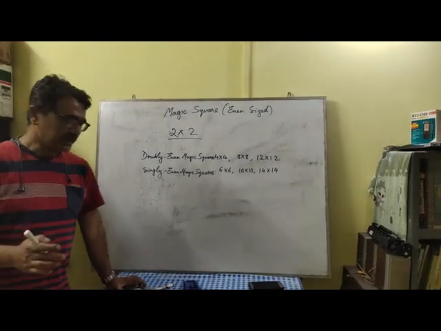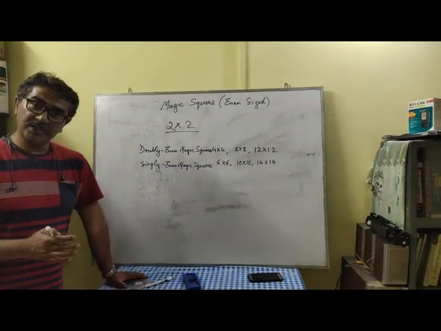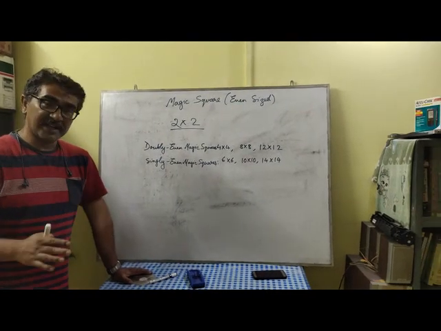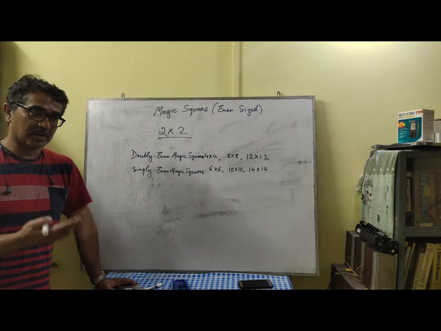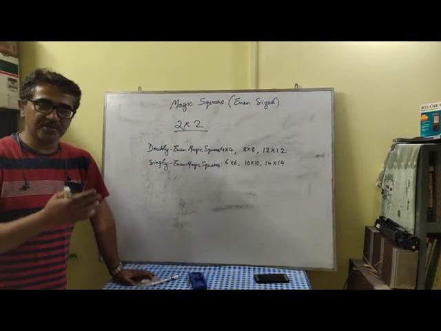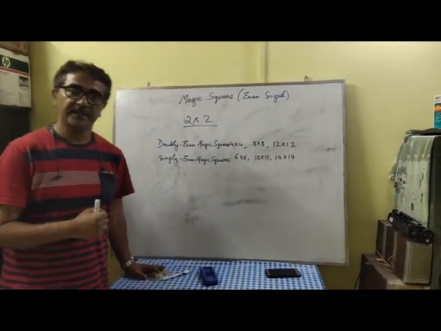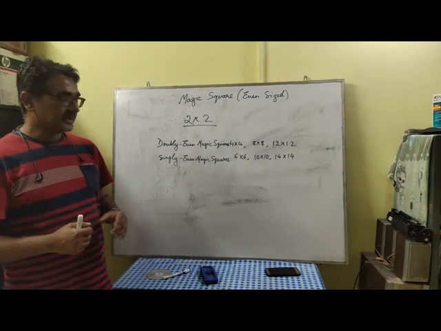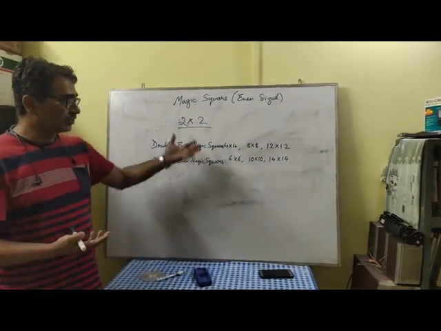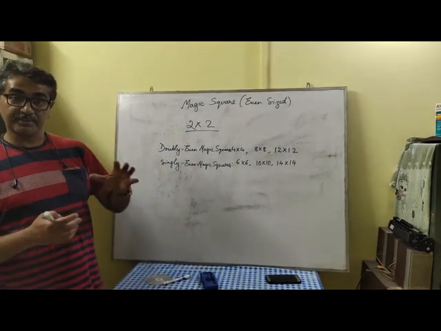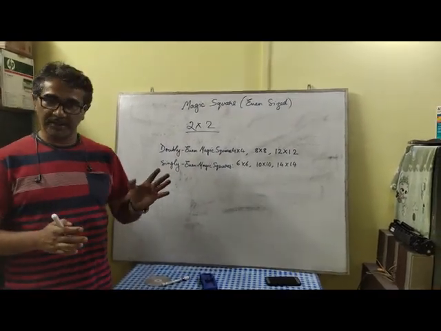It may not be possible for you to get the entire logic in one go. You may have to go through the video once or twice to grasp the logic. The program is already there.